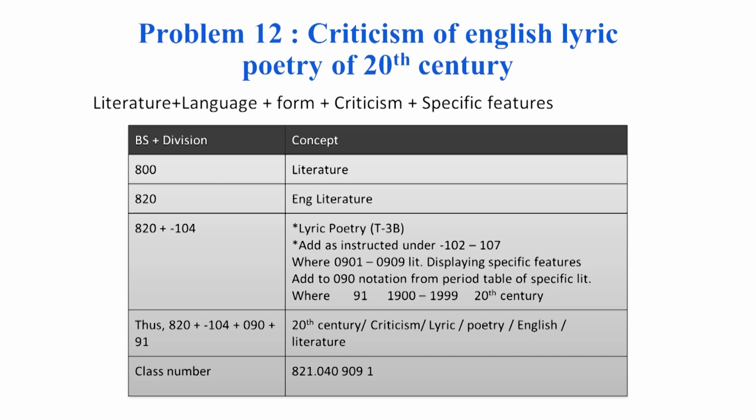In the case of criticism, the number will be the same, only it will be 090. For collection 080, for criticism 090. The difference is such.